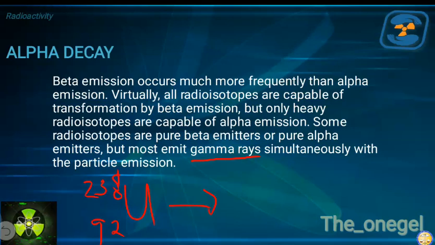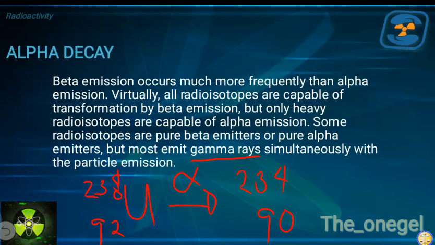So, mag-undergo siya ng alpha emission. Anong mangyayari? So, 238 minus 4. Sinabi natin kanina. Magka-calculator pa ba? That will become 234. So, 92 minus 2. Magka-calculator pa ba tayo? That will become 90.